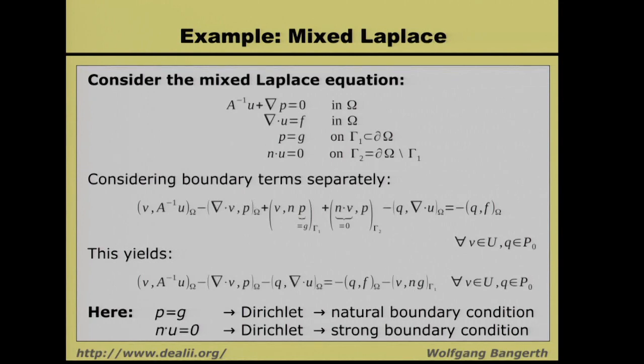So what you see in this case is that the Dirichlet condition p equals g actually appears naturally in this example. That means that I end up with something where I can replace p by g and shove it over to the right-hand side. So even though it's a Dirichlet condition, it's not a strong condition, it's a natural boundary condition.